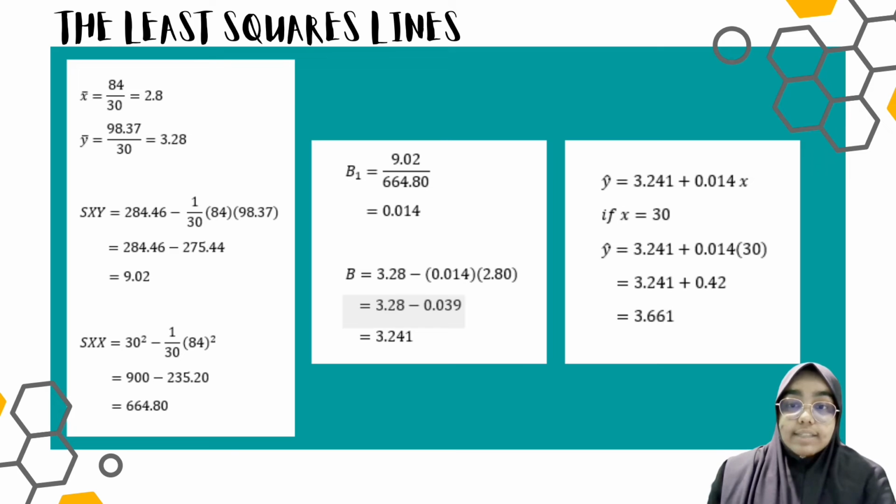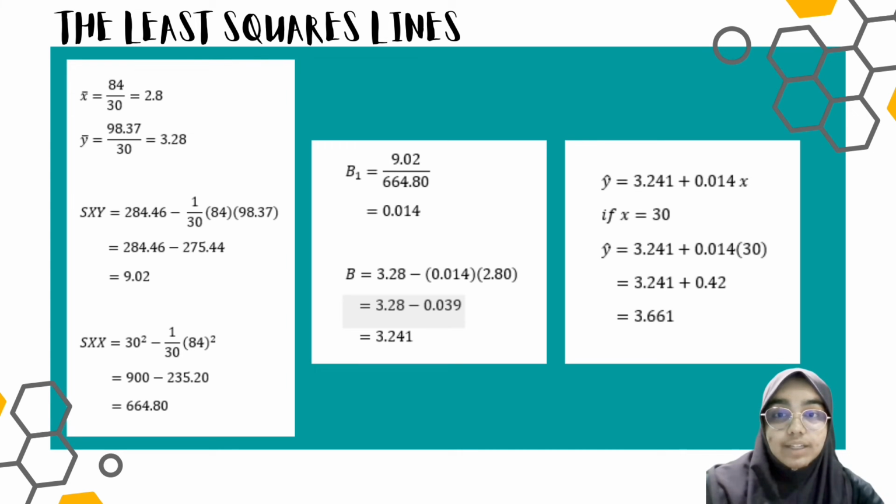And Sxx, in the same way, we get 664.80. Then the intercept of the least square line is 3.241. Next, y equals 3.241 plus 0.014x. If x equals 30, the final answer is 3.661.